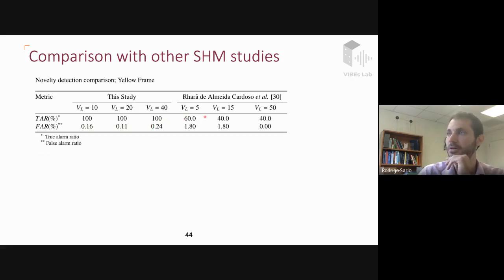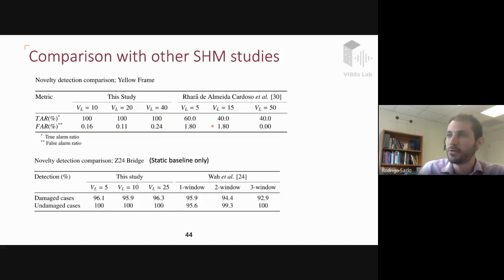As you go higher in the detection threshold, with the detection window, sorry, you actually get reduced sensitivity, you get fewer true alarms, right? So reduced sensitivity to damage. As you go down, you get a higher false alarm ratio, right? So increased sensitivity essentially comes with a higher rate of false alarms, which is what we were trying to avoid and stabilize for.